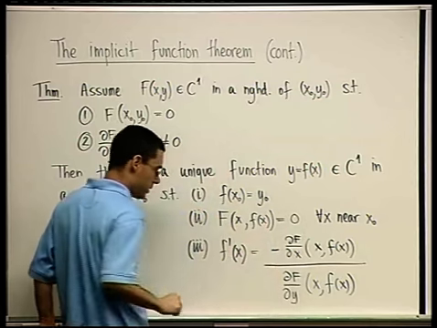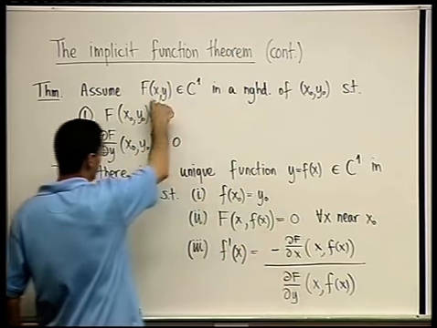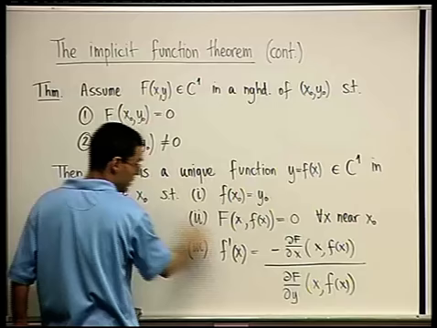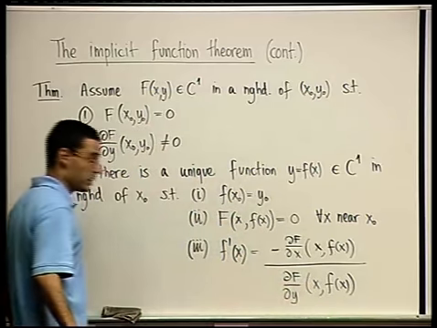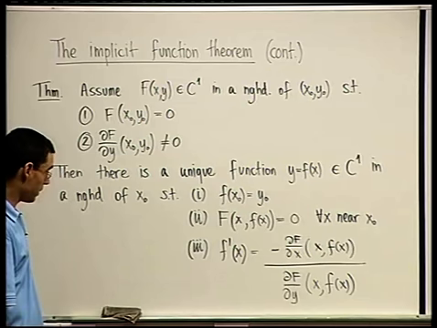There's no minus here, this is a mistake. In terms of the partial derivatives of the original relation F, and note that we're assuming that the partial with respect to y doesn't vanish, therefore we can divide by it. Okay, so this is the theorem.